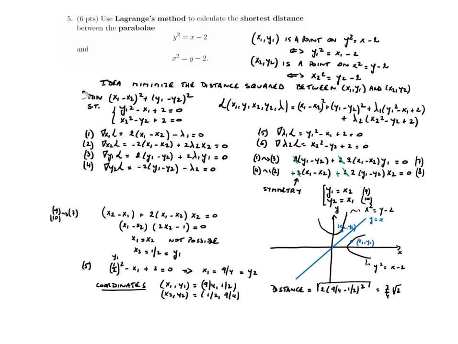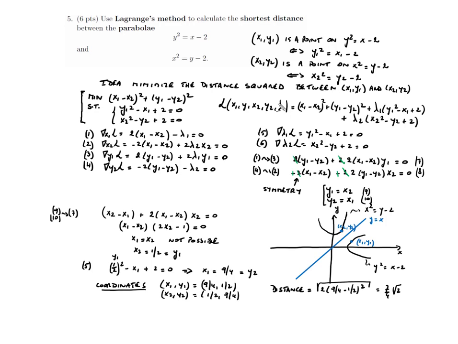So this is our minimization problem. We minimize the distance squared, and x1, y1 is a point of the first parabola, and x2, y2 is a point on the second parabola, and therefore we see those constraints. So this is typically a problem we can solve using the Lagrange multiplier method. So we have to construct the Lagrange function, right?